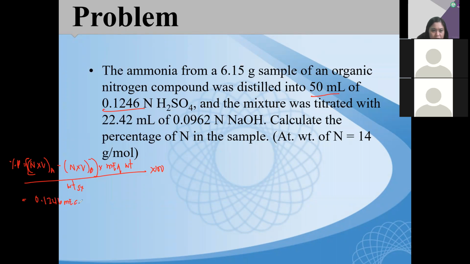So you have here 0.1246 MEQ per ml times the volume, which is 50 ml, minus the second titrant, the sodium hydroxide.